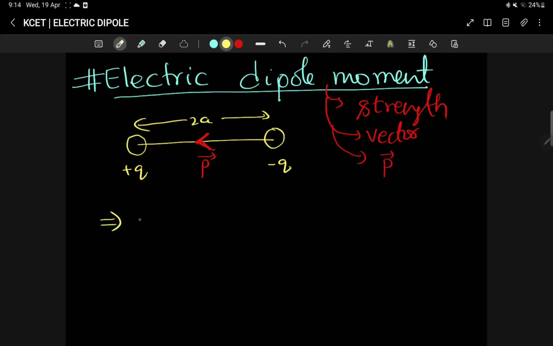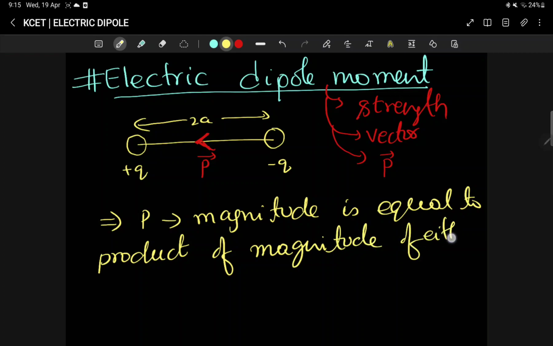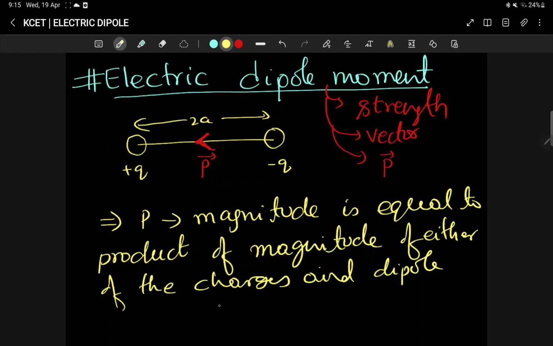Electric dipole moment is a vector quantity whose magnitude is equal to product of magnitude of any one of the charges, either of the charges, and distance of separation or dipole length, or distance between plus charge and minus charge.